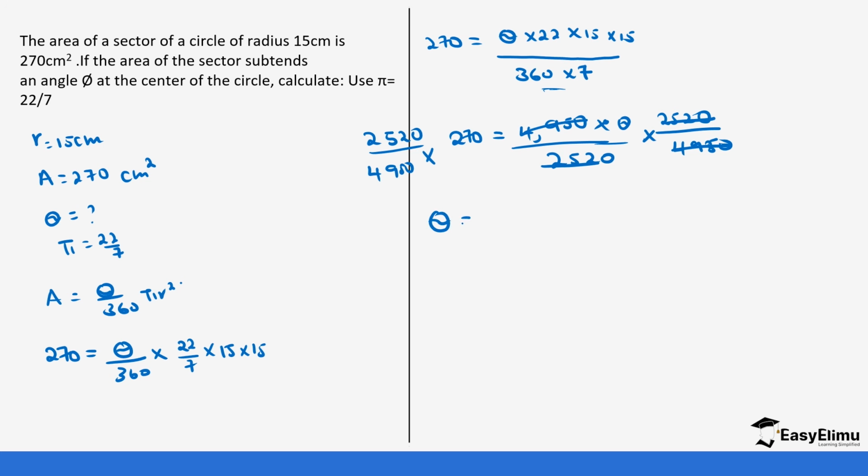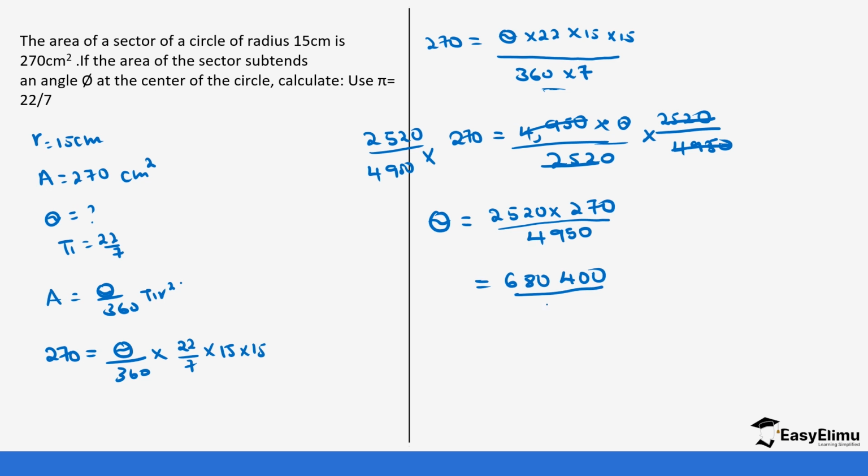The angle is going to be 2,520 times 270 divided by 4,950. 2,520 times 270 gives us 680,400.